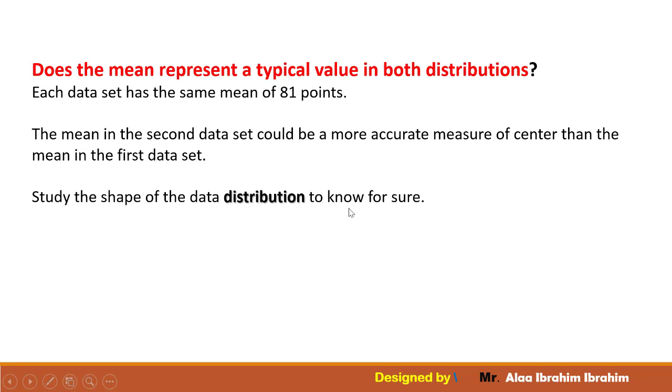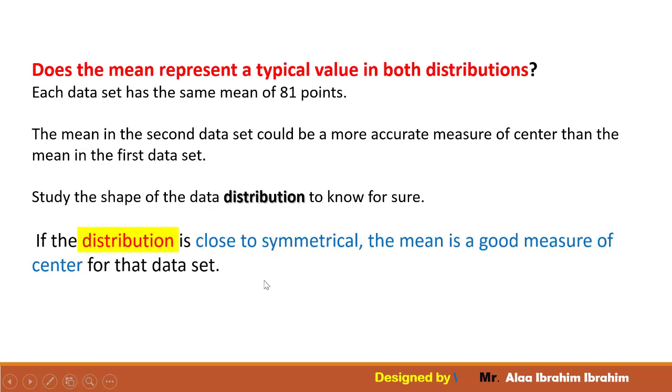Study the shape of the data distribution to know for sure whether the distribution is close to symmetrical. If the distribution is close to symmetrical, the mean is a good measure. For the same reason, the values in the second one are close to each other, as I explained a few seconds ago. So if they are close to symmetrical, this will be a good measure of the center.